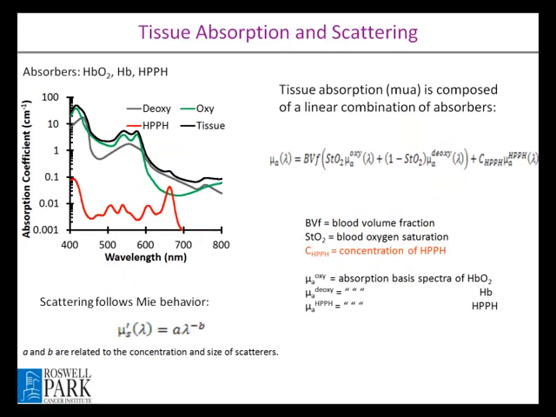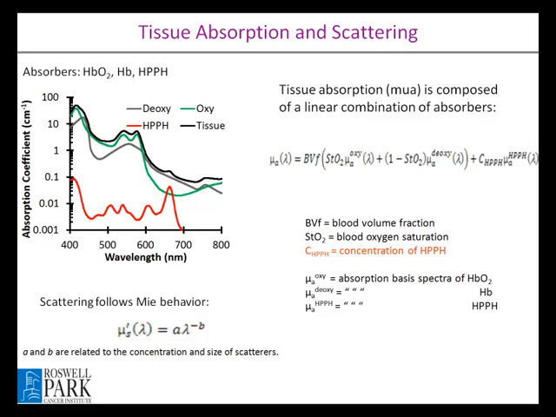But in our tissue, the photosensitizer is also present, so for the quantification we assume that the absorption is a linear combination of oxy- and deoxyhemoglobin and also HPPH, which is our drug, at around 665.